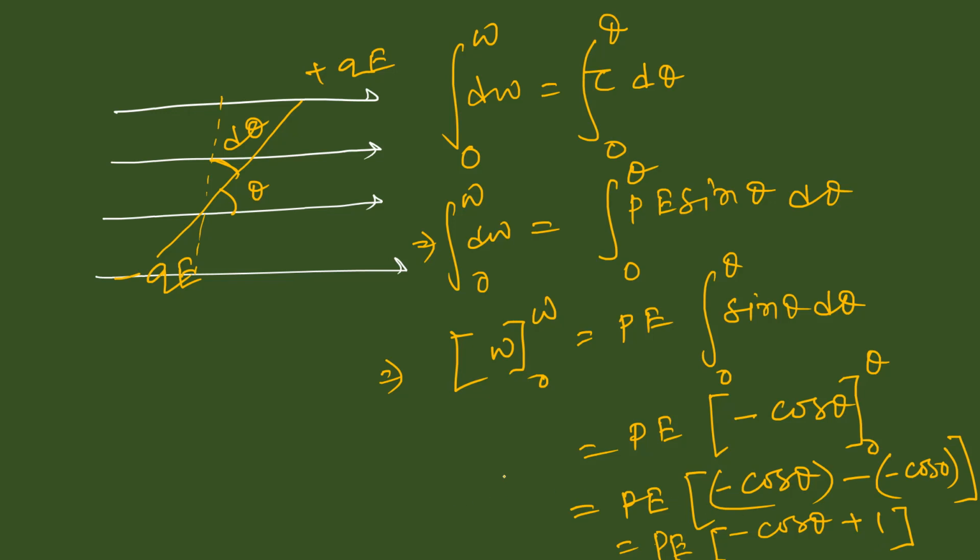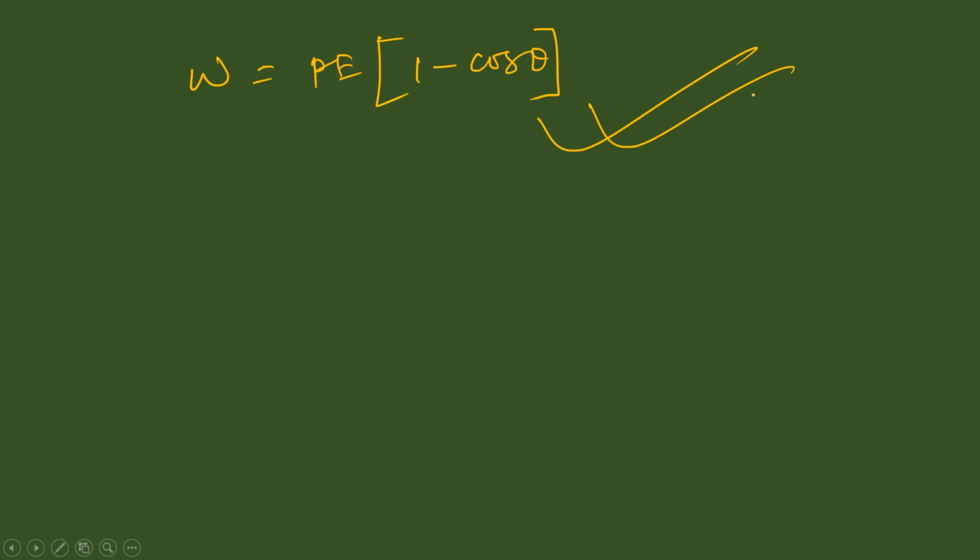What's the final expression we have obtained? On the left hand side, substituting the upper limit gives W. So W equals pE into (1 minus cos theta). This is the first expression, the expression for work done in rotating the dipole in an electric field.